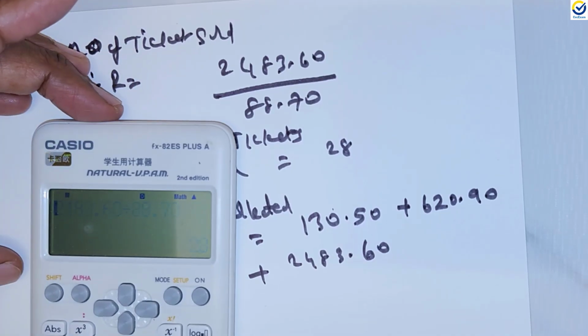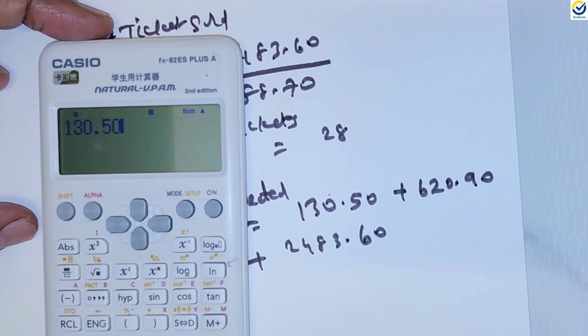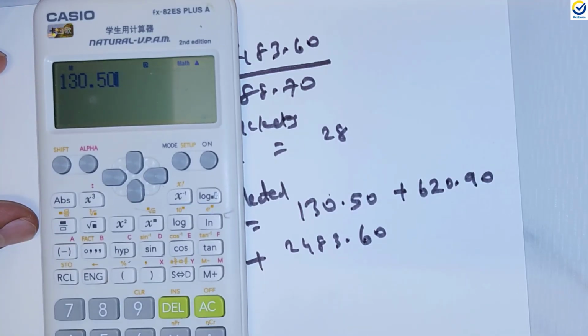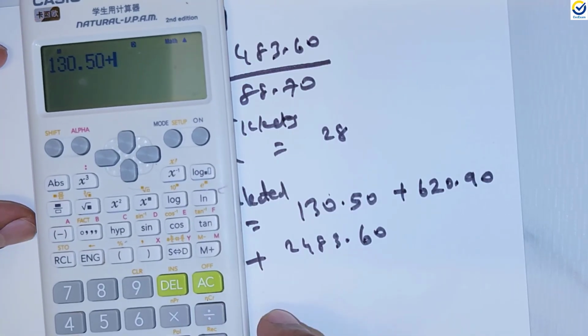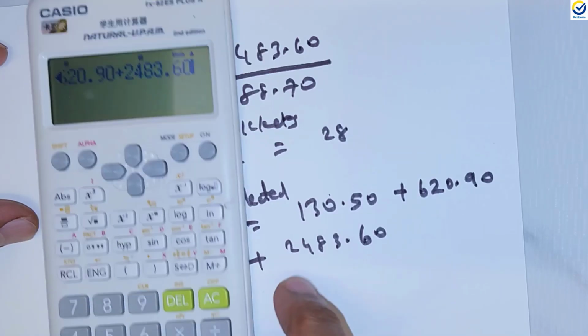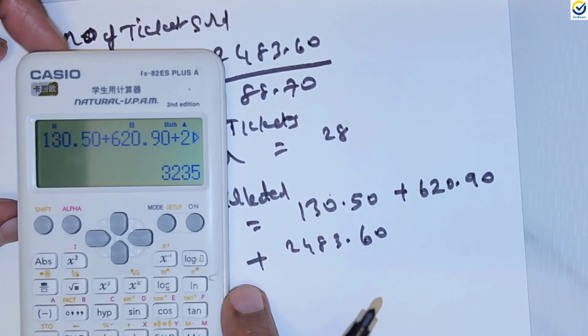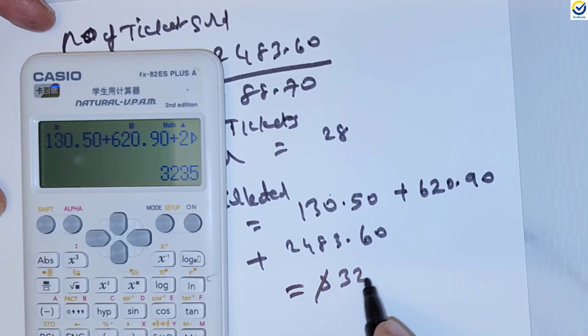Let us add them. 130.50 plus 620.90 plus 2483.60. So equal to, what do you get? You get a value of $3235.